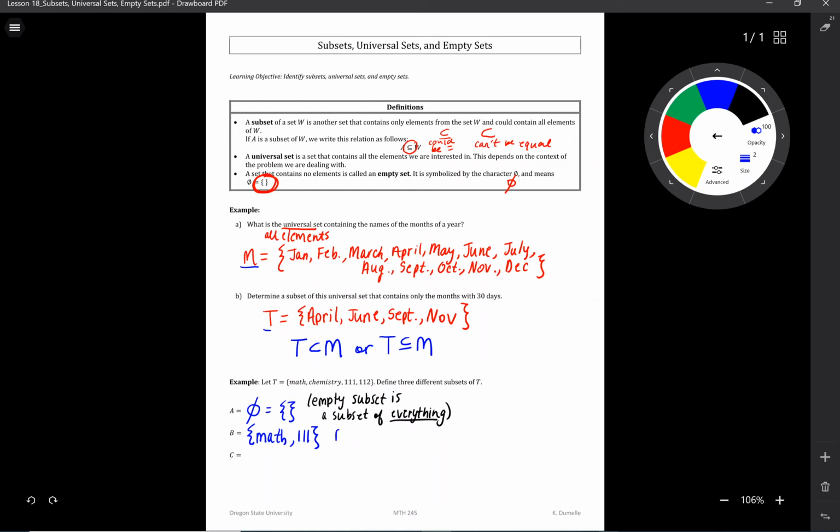So I could write here B is a proper subset of T, or B is an improper subset of T. And finally, if I define C to be math, chemistry, 111 and 112, then I would have to write C is a subset like this of T, since they are equal. I cannot write C is a proper subset of T. That is not right, because they are equal in this case.